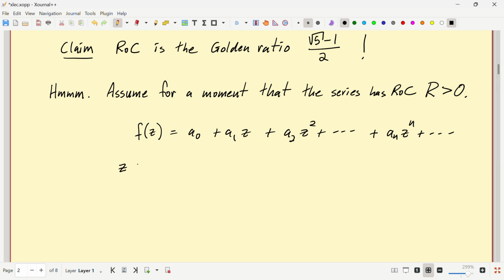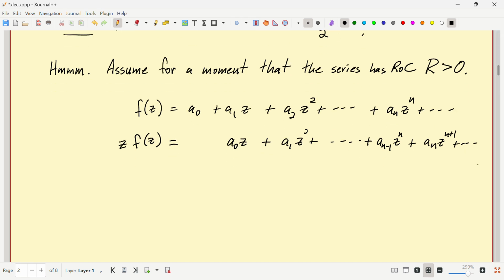z times f of z would be a naught times z plus a1 times z squared plus etc. Let's see, I'd have a_(n-1) z to the n, plus a_n z to the n plus 1, plus etc. And if I do that again, I'd get z squared f of z.